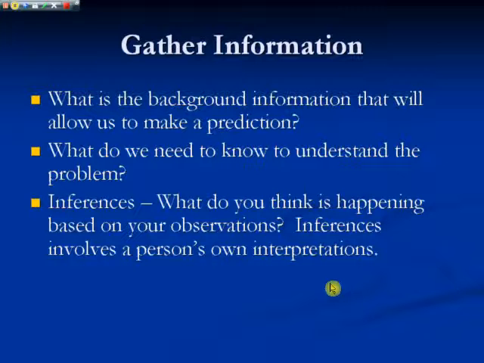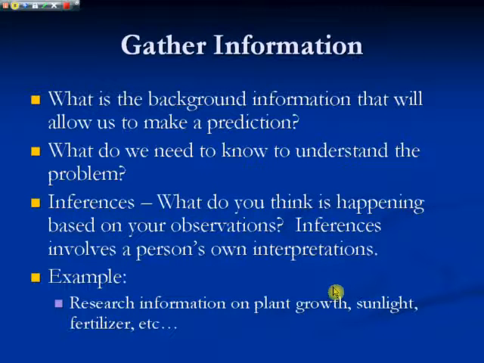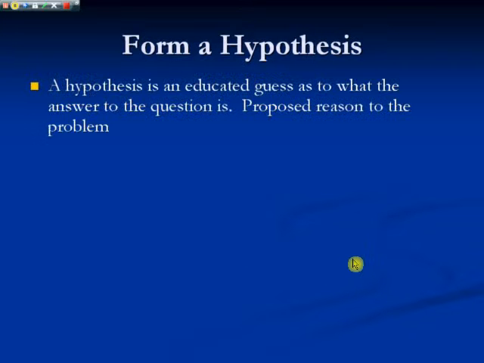Based on my experiences of watching football and specifically going to St. John's, I knew that the person's last name was Elliot. That's an assumption that I've made. So an example, if I'm doing research on the question, how does fertilizer affect plant growth, I might research information on plant growth, sunlight, fertilizer, all of those different things and how they relate to plant growth.